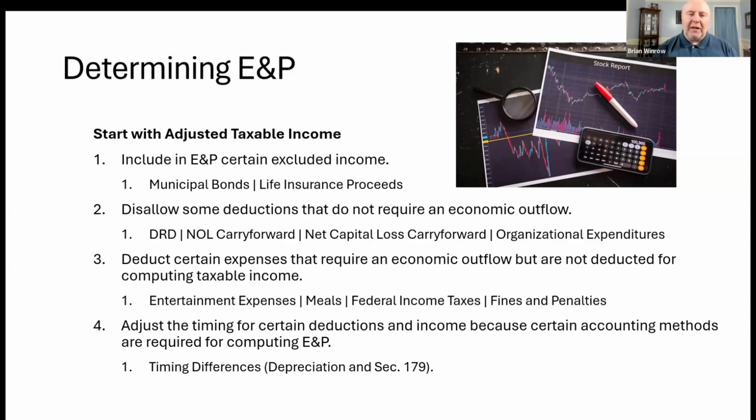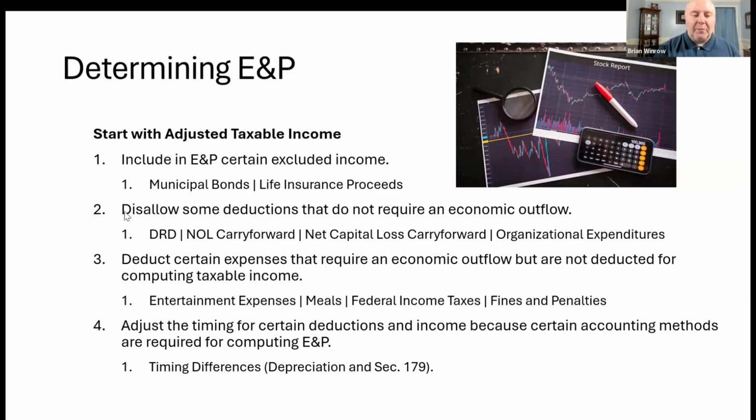Organizational expenditures. So we get to expense up to $5,000 in the first year. Limits at $50,000. Phase out dollar for dollar, so between $50,000 and $55,000, and then you amortize the remaining portion of your organizational expenditures over 180 months. So what does that mean? Well, what it means is in those other months that we're amortizing it, we're not paying it out.